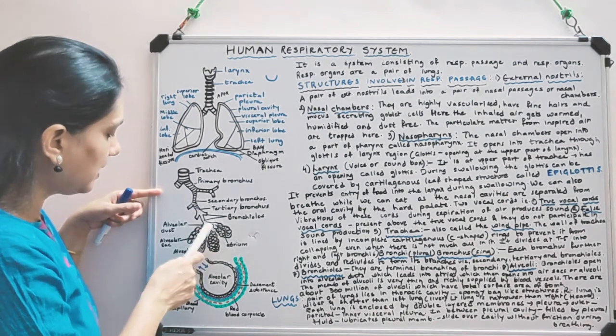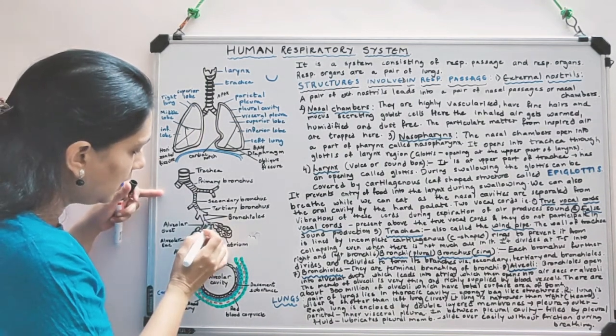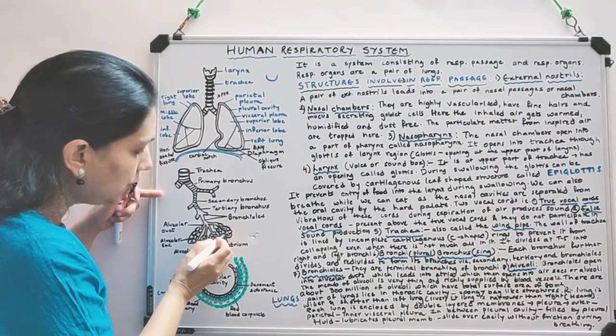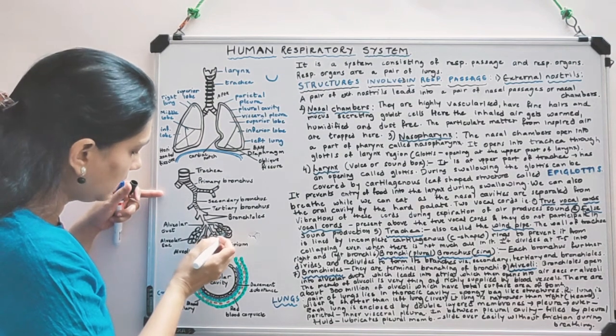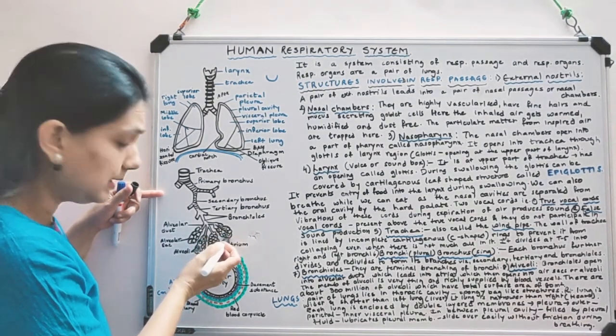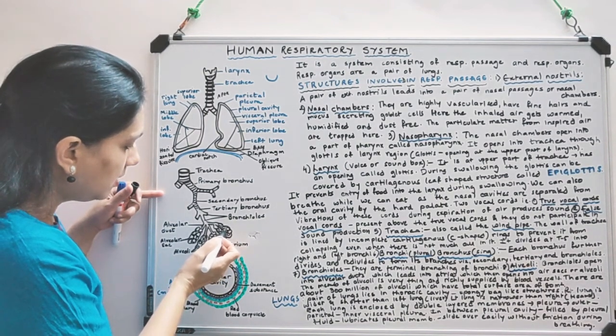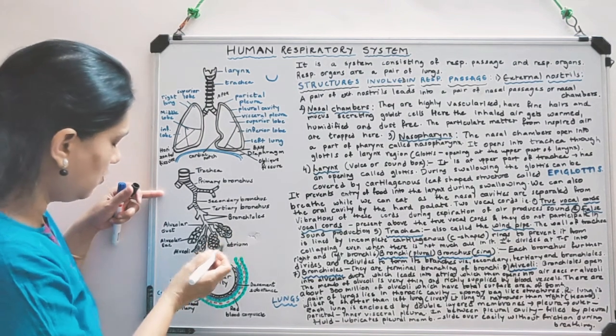Now, from inside, you can see this alveolar duct leads into this, which is called the atrium, or plural is again atria, and this atrium has the air sacs. You can see over here.